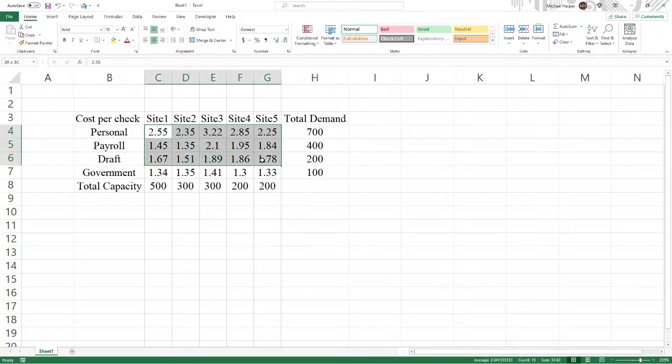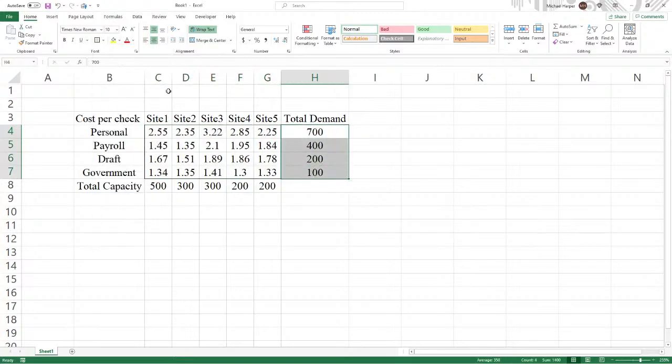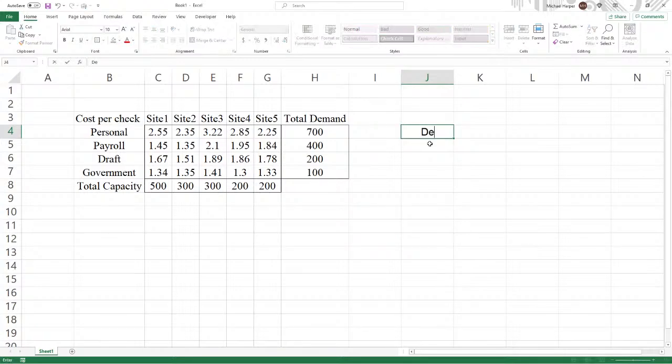This right here is going to be our unit costs. Let's box these in. Here's our demand. Let's box these in. Here's our capacity. With this kind of assignment problem, the sum of the total demand is going to be these right here.